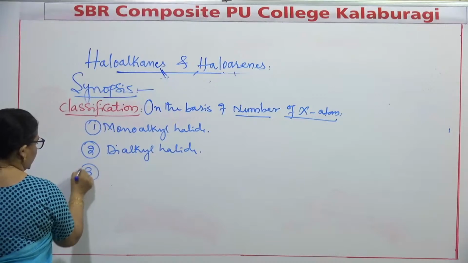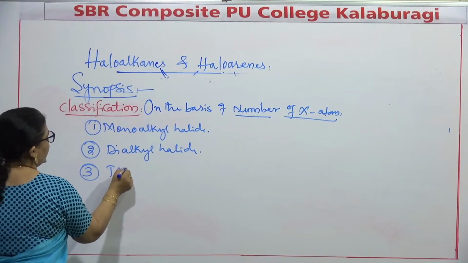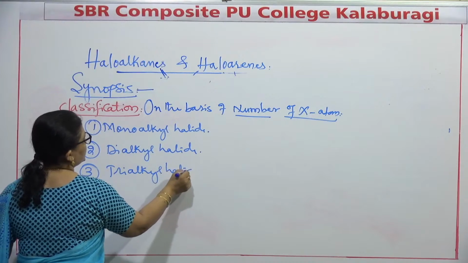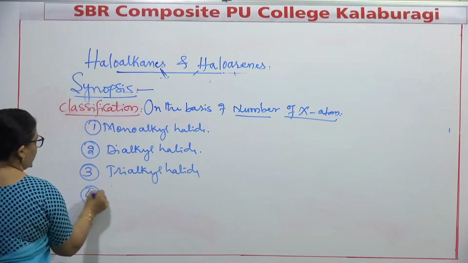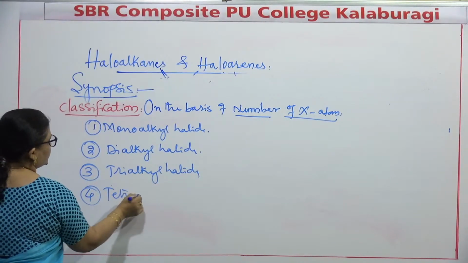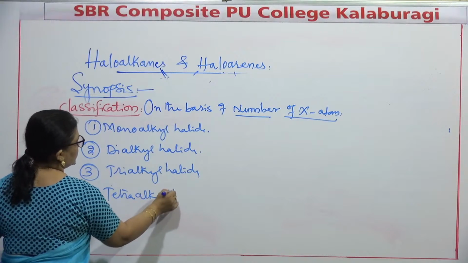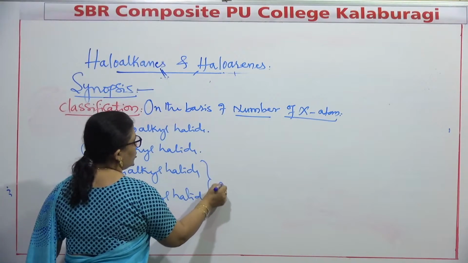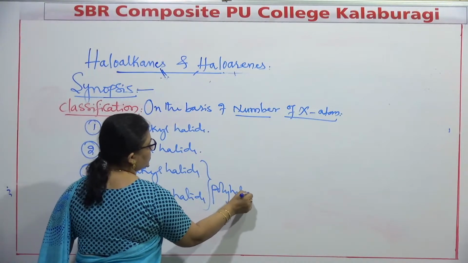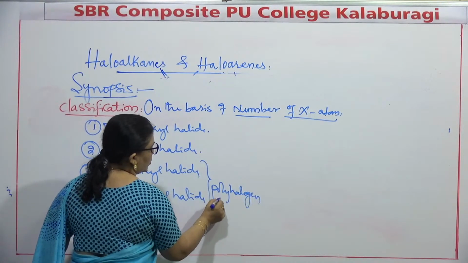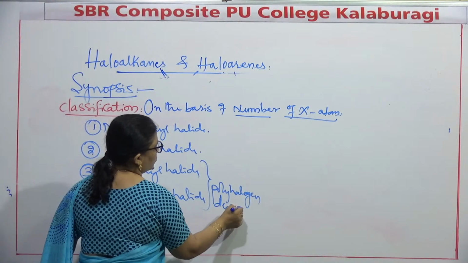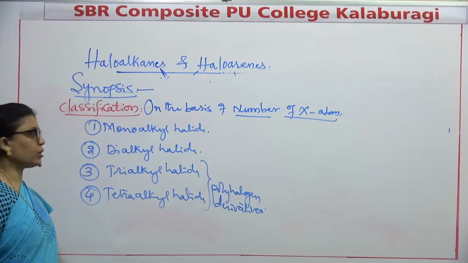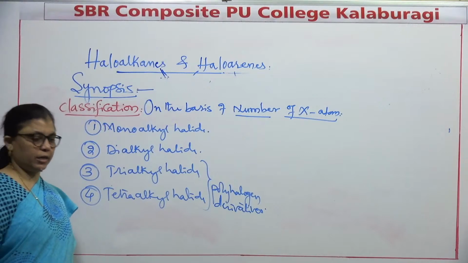Third one, trialkyl halide. Tetraalkyl halide. In a simple way we can call them polyhalogen derivatives. Instead of writing tri, tetra and all, in a simple way we can call it polyhalogen derivatives.